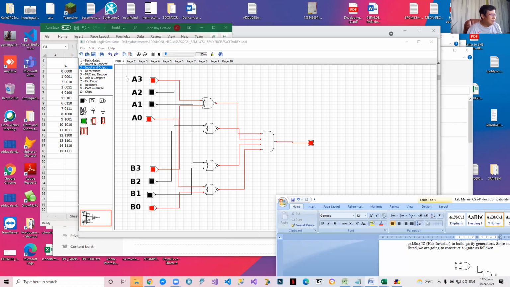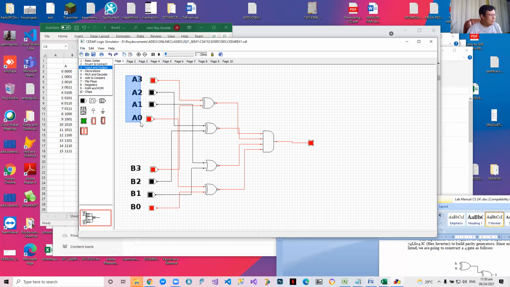We can copy this. Right click, or Control C. Okay. We're going to have a 4-bit.